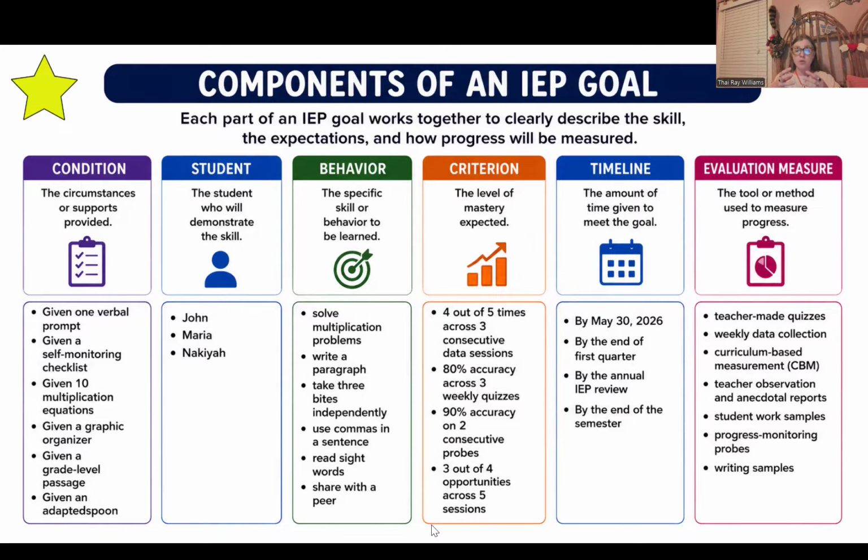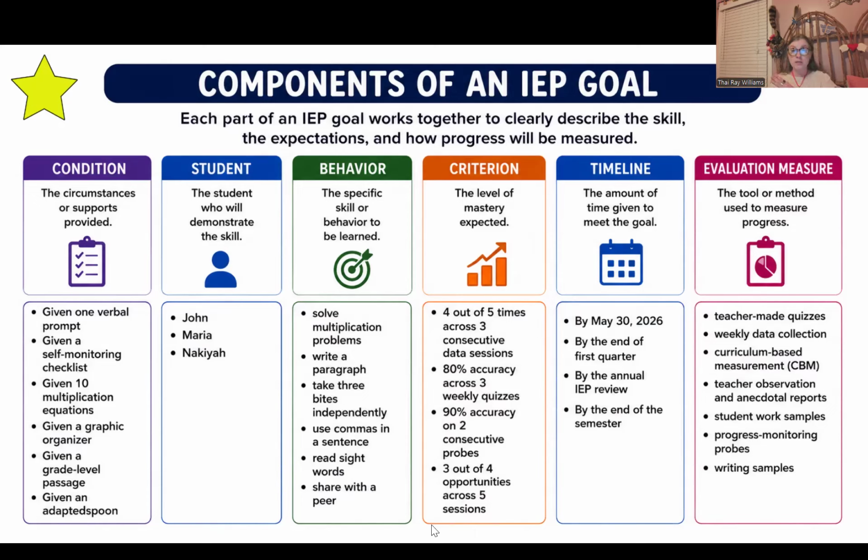It's important that you have all of these components when you write your goal, which is why I ask you to use that general template initially until you are proficient in writing IEP goals, because all of these are important in order to describe the skill that the student is going to engage in, to know how we're going to measure progress, and what timeline is anticipated for the mastery of that goal.